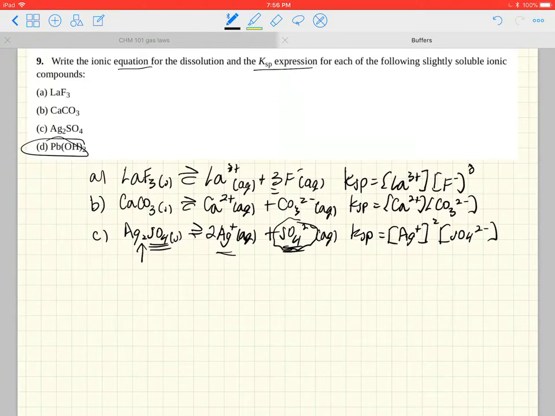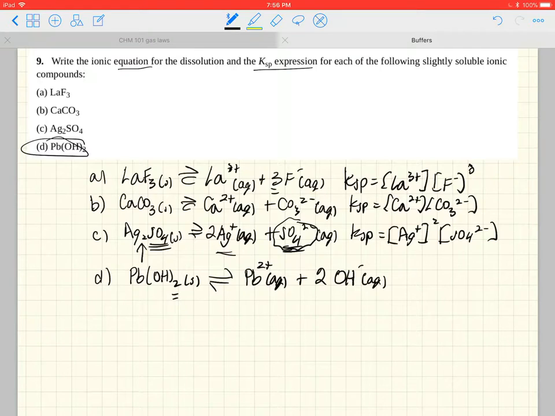For part D, we've got lead(II) hydroxide. We draw the equilibrium arrows there, and this is in equilibrium with lead(II) ion, which is aqueous, and hydroxide ions, which are also aqueous.